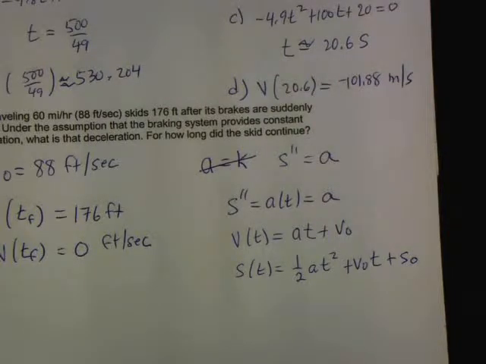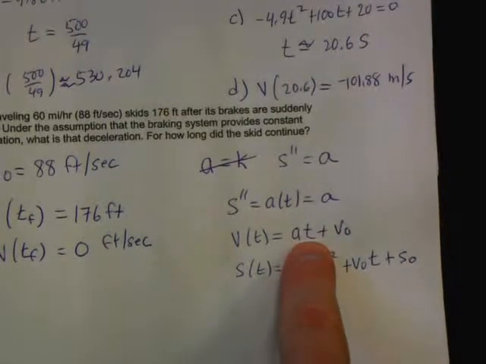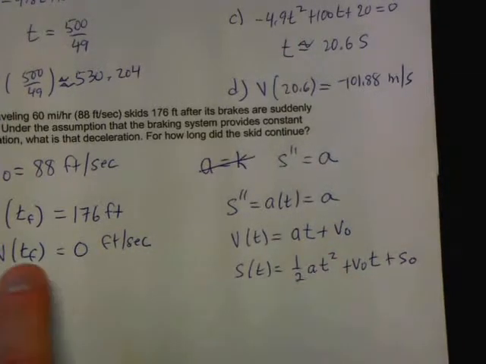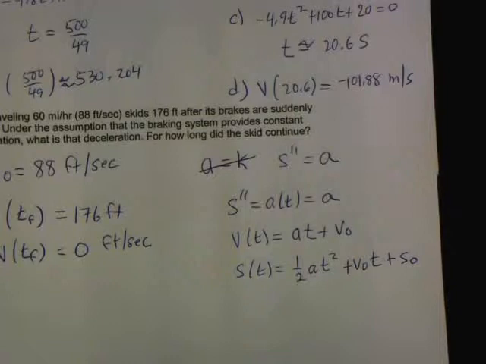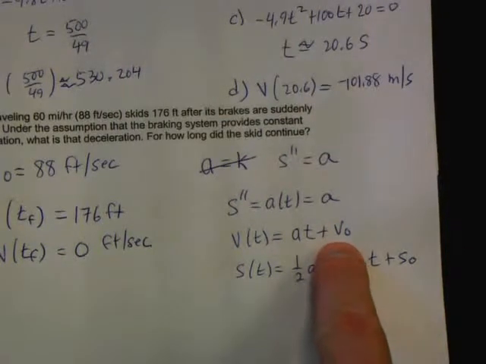Use the second equation to find acceleration. Okay, how's that going to work? I don't know the time. Don't know the time, do we? So start at the beginning. I know V naught is 88.